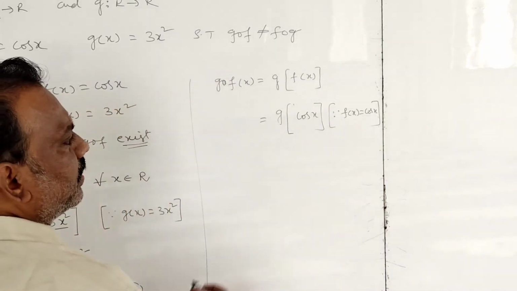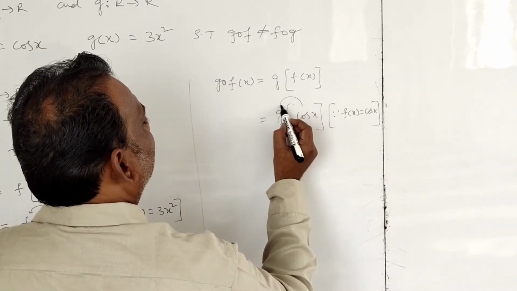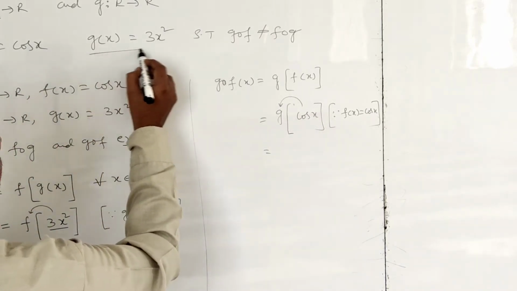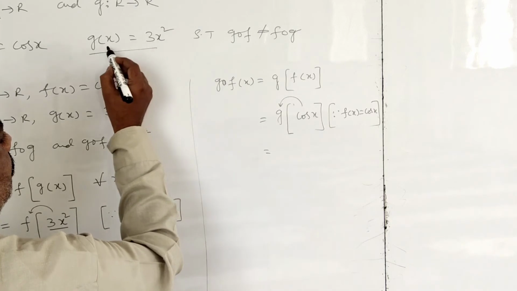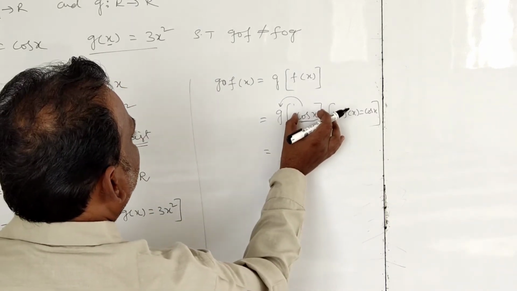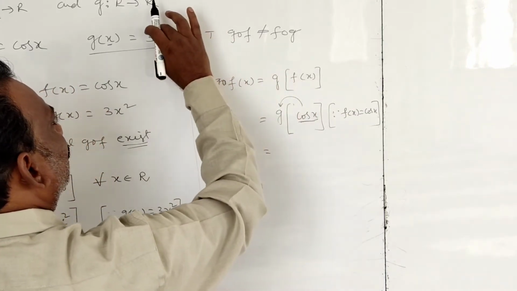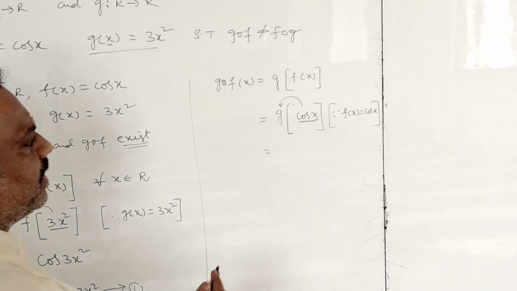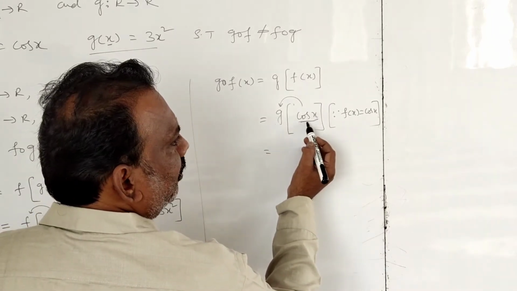Now before this value, what is the function? g. So what is g of x? 3x square. So in this x's place we have cos x. That's why we are going to replace only in x's place. Understood, students? Once again, you see that this is the g of x format.